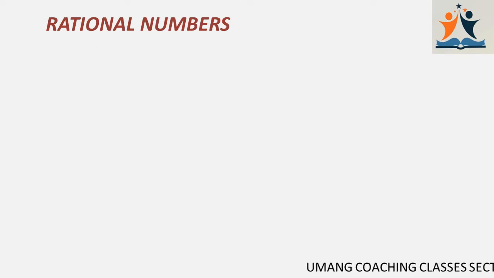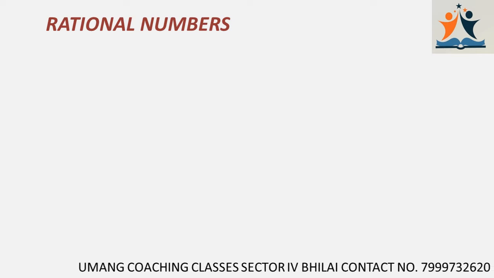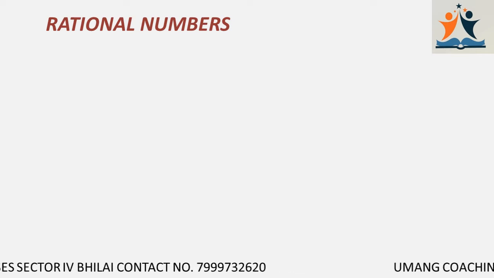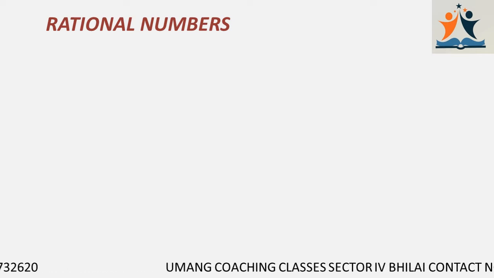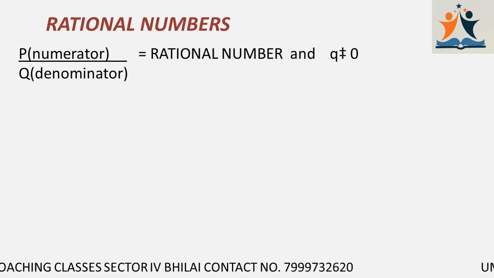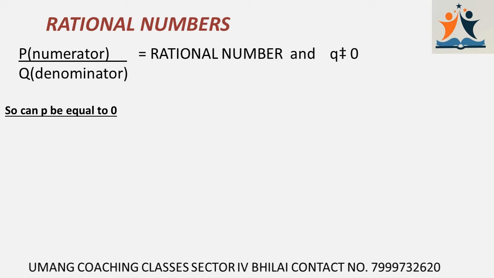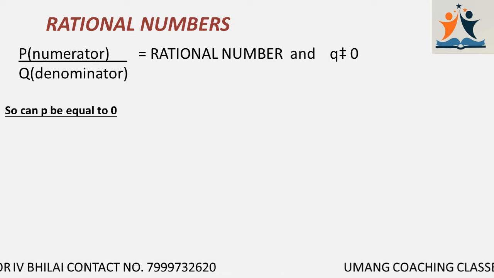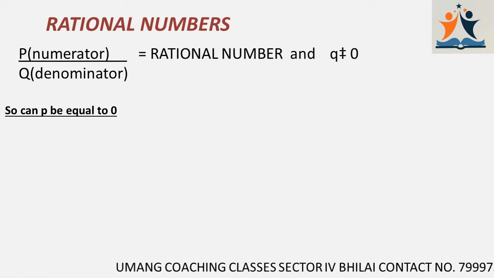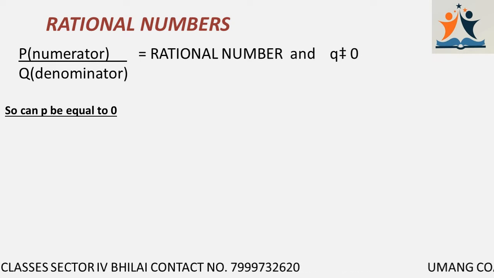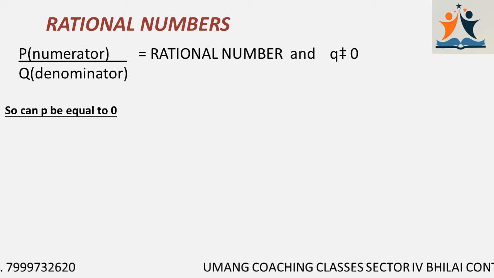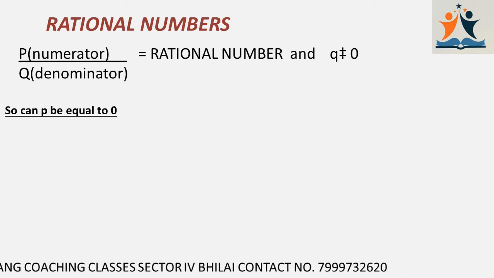As per the definition, we have studied that q cannot be equal to 0. So our question here is, can p be equal to 0? According to the definition, it did not say anything about p. It just said that q cannot be equal to 0. So can p be equal to 0?